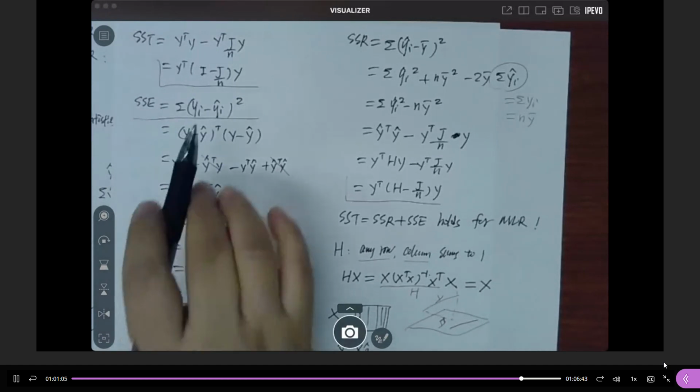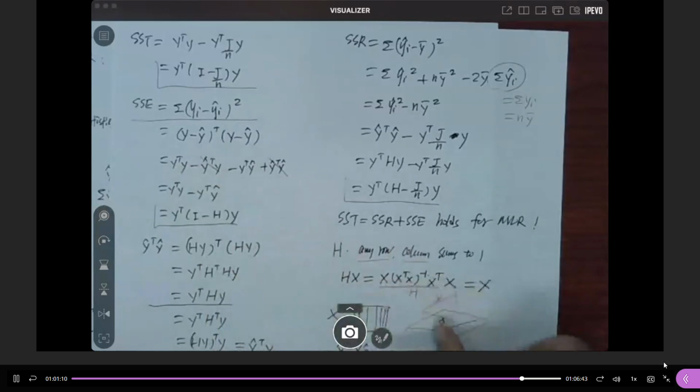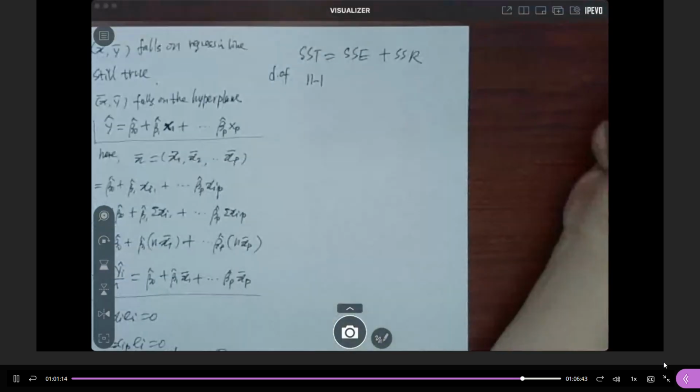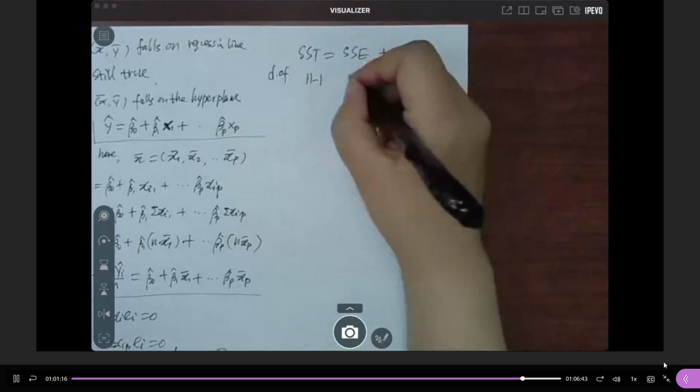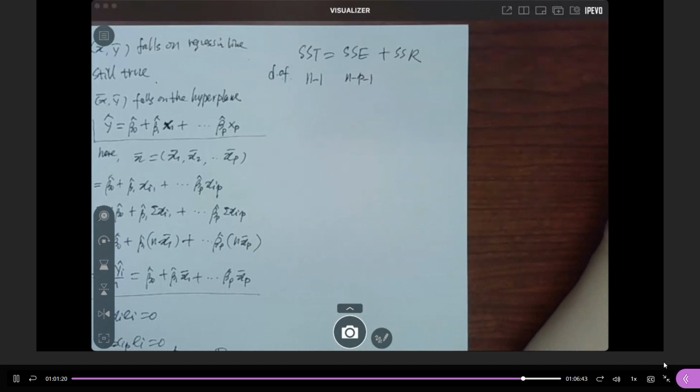P plus 1. So basically, you have P plus 1 constraints, and you have n degrees of freedom. What's the resulting degree of freedom? Yes, exactly. So n minus p minus 1. That's the degree of freedom for SSE.